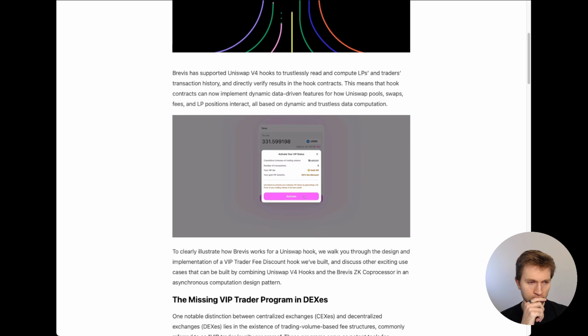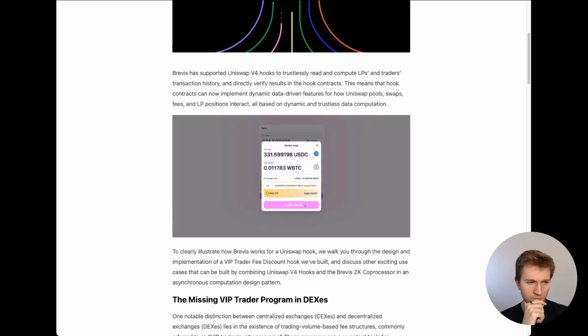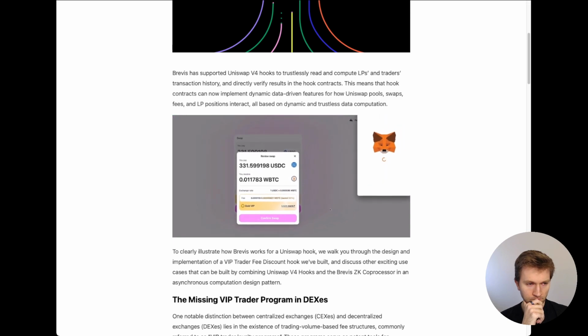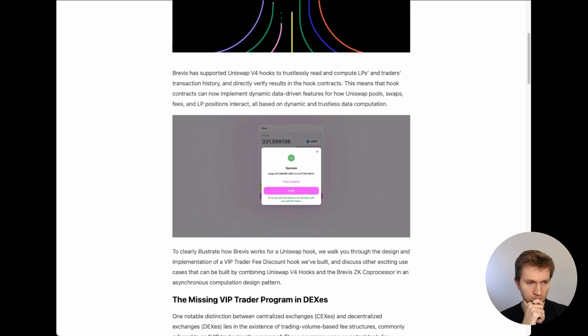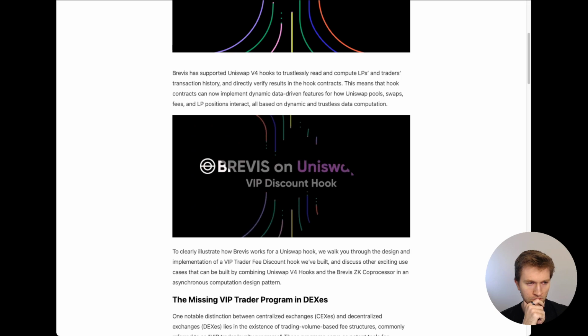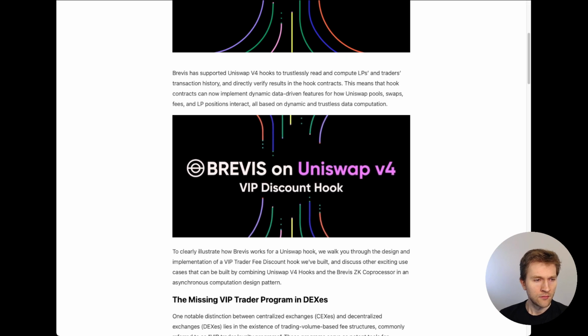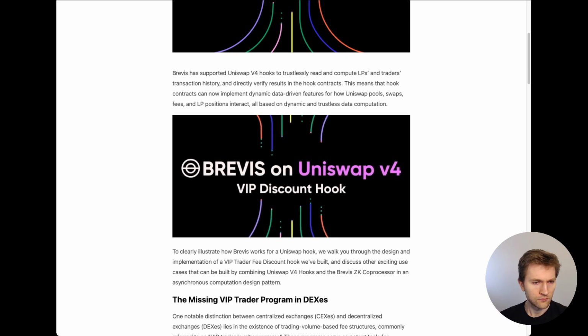The demo here only shows how Brevis proves a few user transactions, but Brevis is way more performant than that. With the same gas cost as in the demo, Brevis can generate a ZK proof of computation for thousands of transactions in under a minute. It can be more than 1,000,000 times cheaper compared to on-chain smart contract computation. Hook contracts can now implement cost-efficient data-driven features for how Uniswap pools, swaps, fees, and LP positions interact, all based on dynamic and trustless data computation.